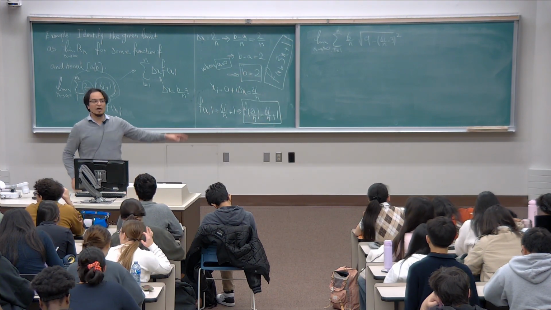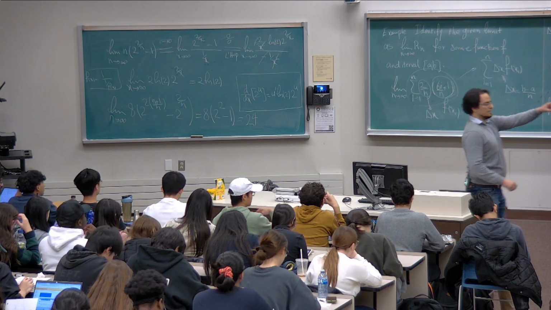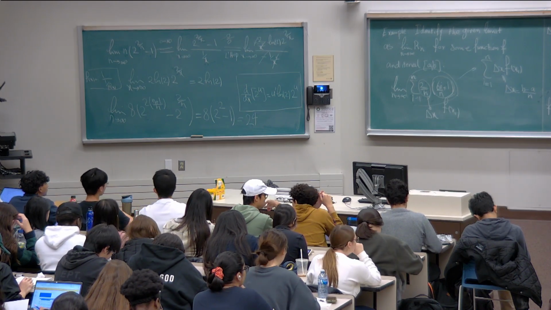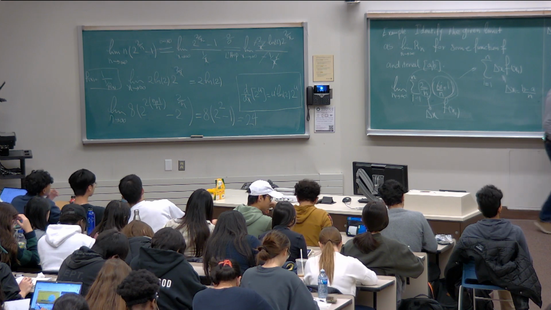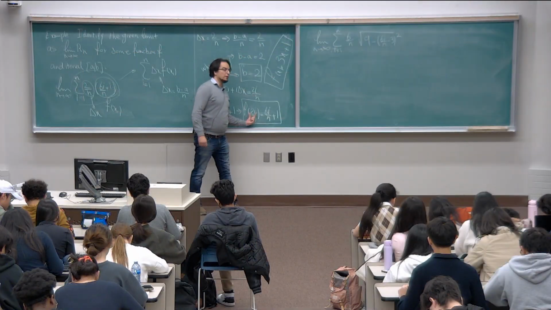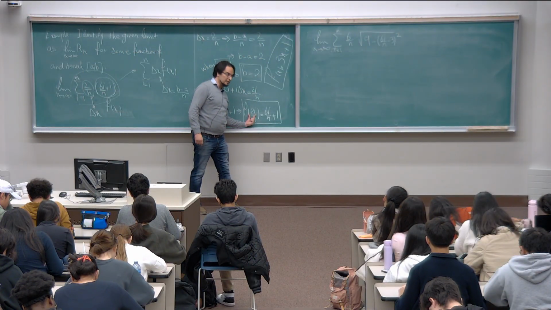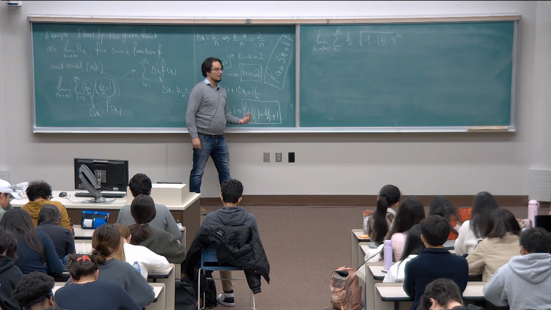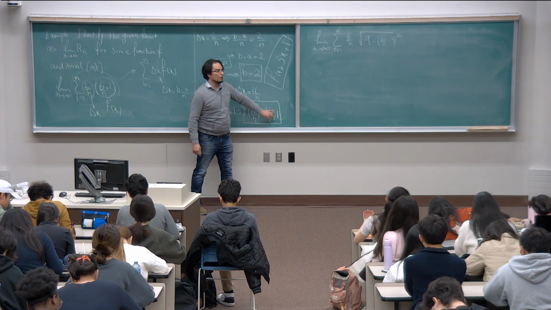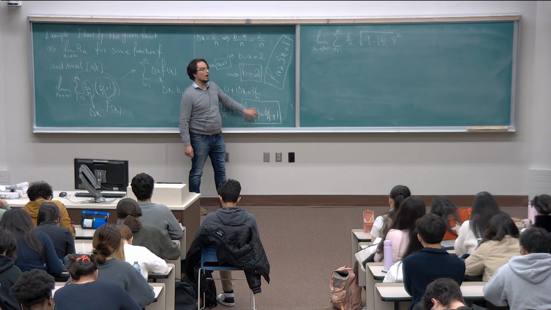Should we do the other one maybe? Yes, please. So I know that my function works this way: when I plug in 2i over n, I'll get 6i over n plus 1. I want to write this 6i over n plus 1 in terms of 2i over n.